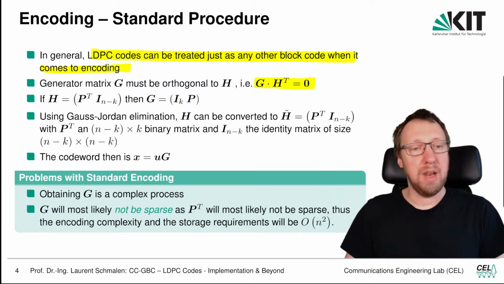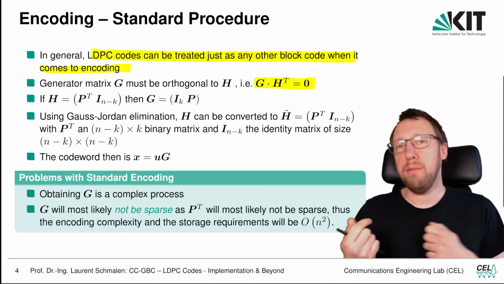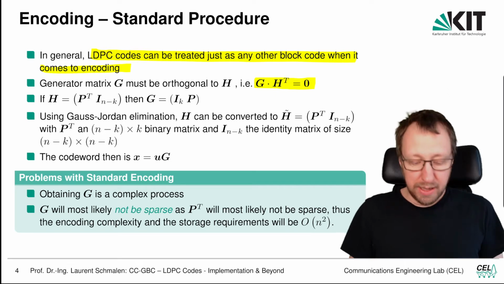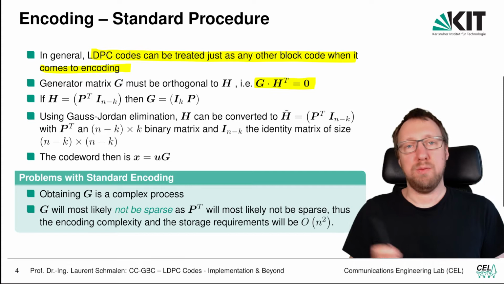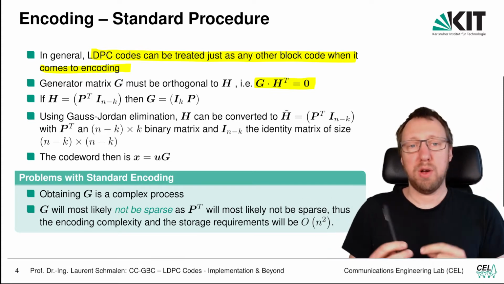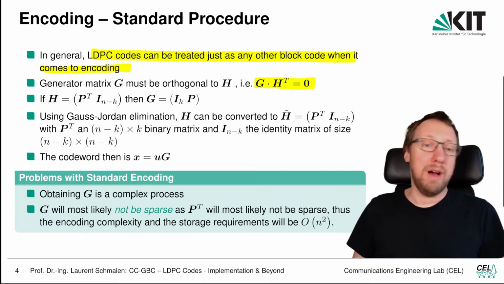Very simple. And we saw how we can transform the parity check matrix such that it has this specific form. For instance, we can swap columns, we can swap rows, and we can also replace a row by a linear combination of other rows.